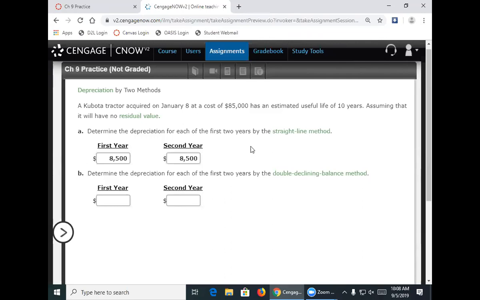So then step 3 is actually calculating depreciation for the years. Okay. It's where double declining balance gets a little trickier. Your formula to calculate the actual depreciation is going to be your book value times that double declining balance rate.